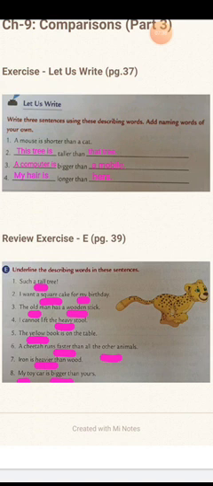Number 6, a cheetah runs faster than all the other animals. So here the naming words are cheetah and animals. What is being talked about this cheetah? It is being compared here. See, faster than.